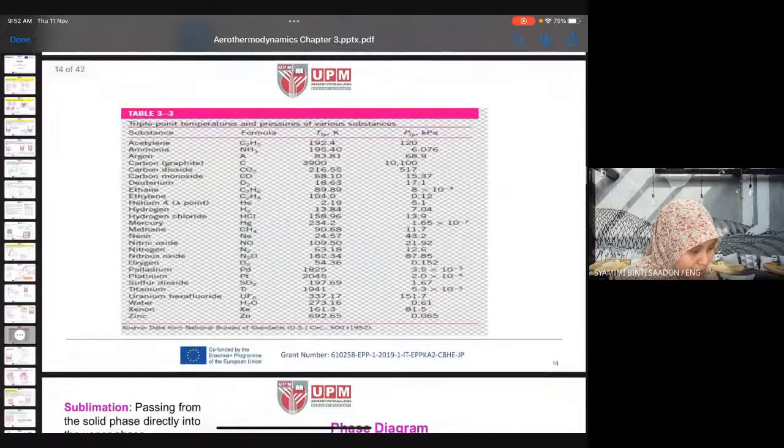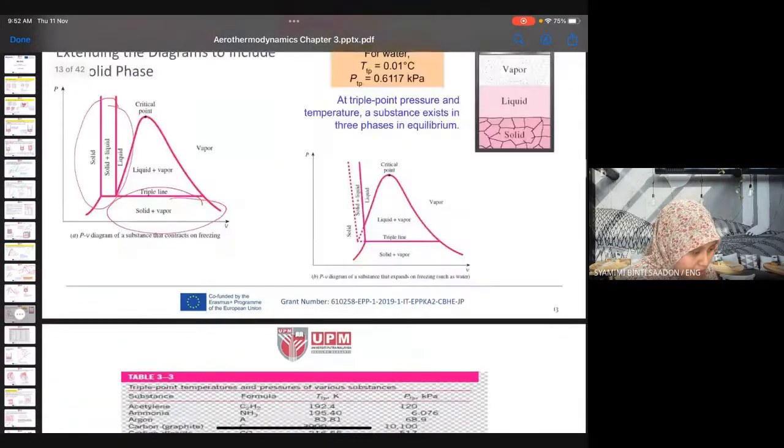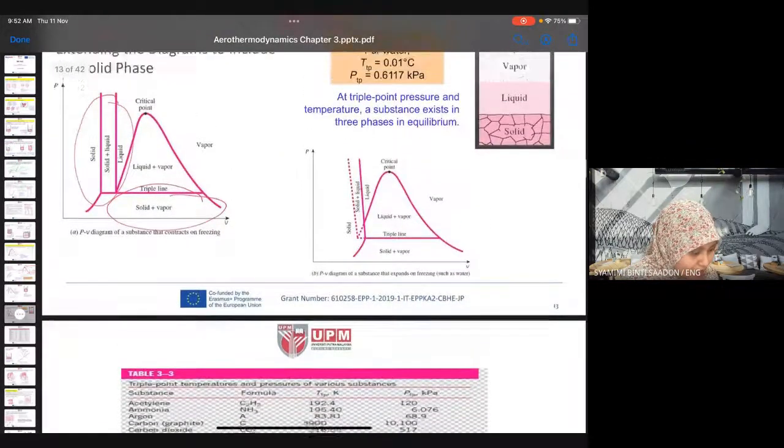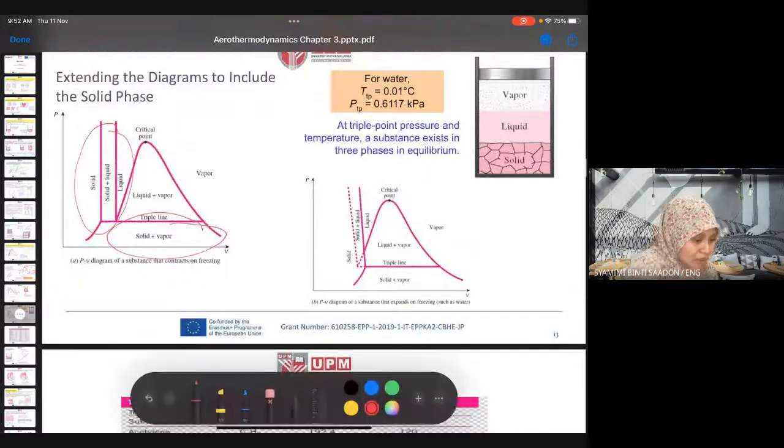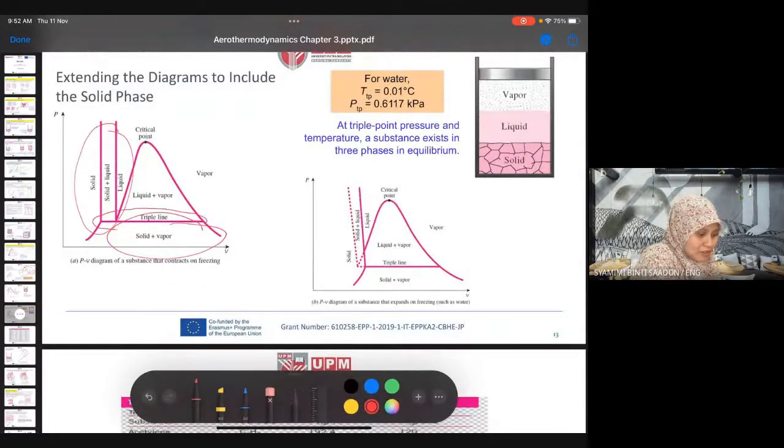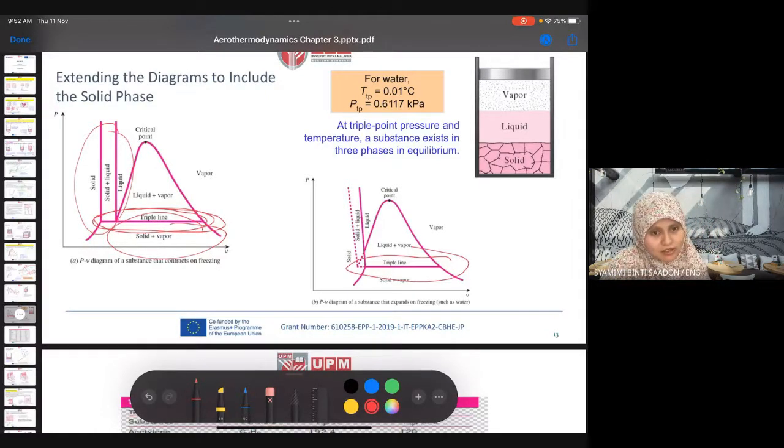Okay, this is the triple point temperature and pressure of various substances. This one is the triple line, which means at this line we consider that the substance is in three saturated phases: solid, vapor, and liquid. But we seldom use it.